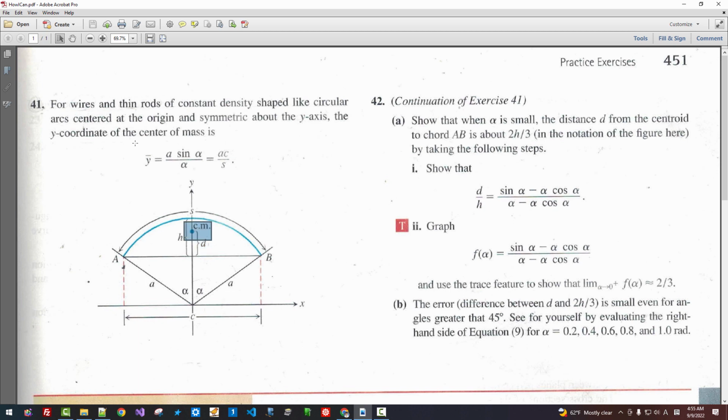We will evaluate the center of mass, then we compute the ratio d over h.